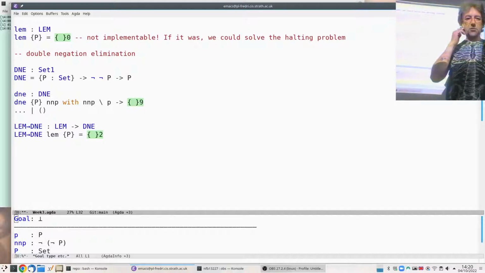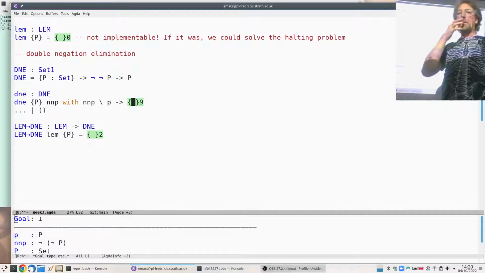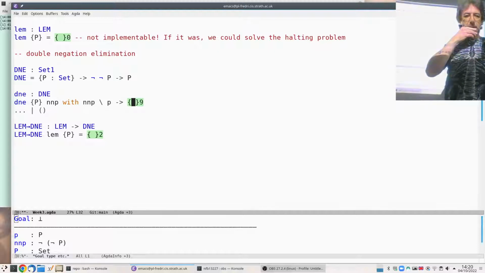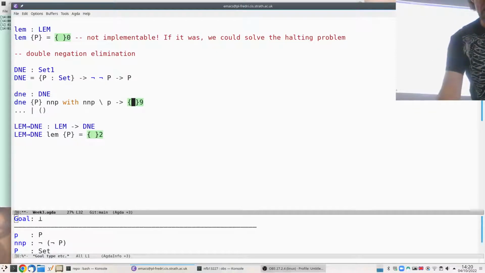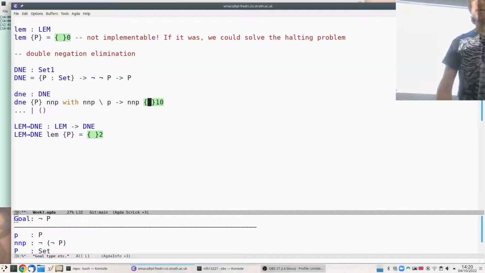And now I have to prove false, and I've got a proof of P. I know one way to prove false. I can use NNP. Oh, I've done that thing again. Oh, but no, I have to prove not P. Oh, cool. That means I can get a proof of P.